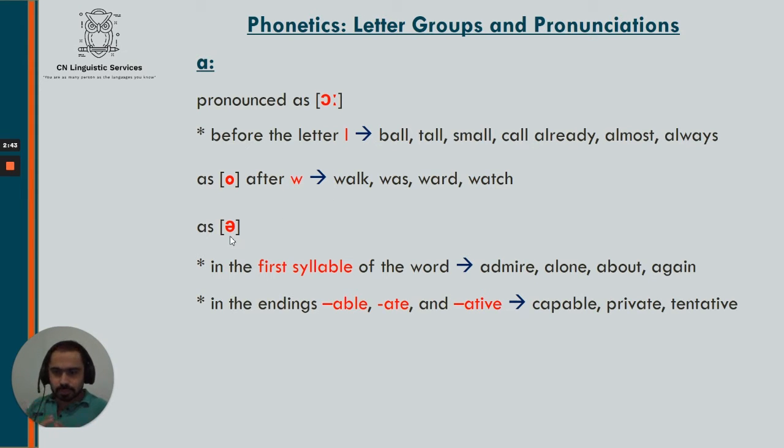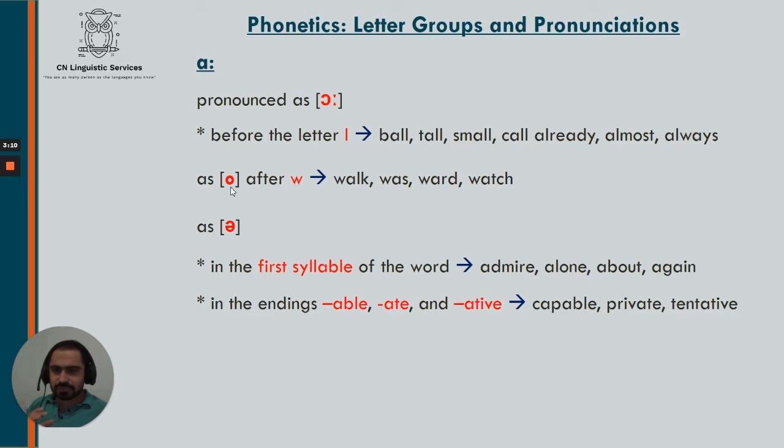The third can be a bit confusing at first, but it's just the sound A. It has 2 rules. The first one is if you have a word with 1, 2 or more syllables, it doesn't matter.